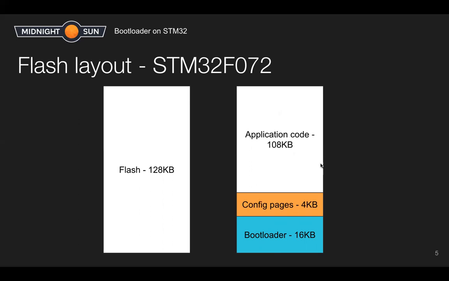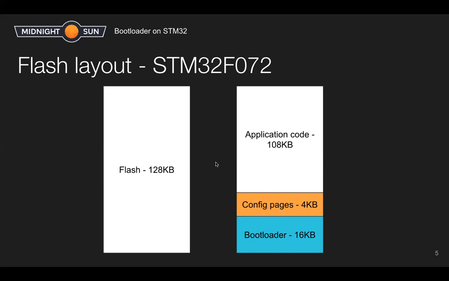So this not-to-scale diagram shows that one design constraint for the bootloader is that it has to be very small, because it has to fit in this 16 kilobytes, or as small as possible, so that it's leaving as much space as possible for the application code.